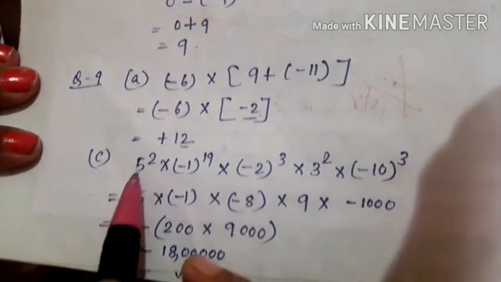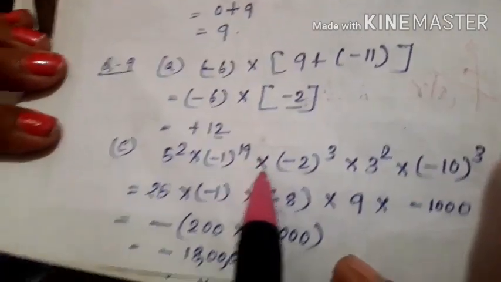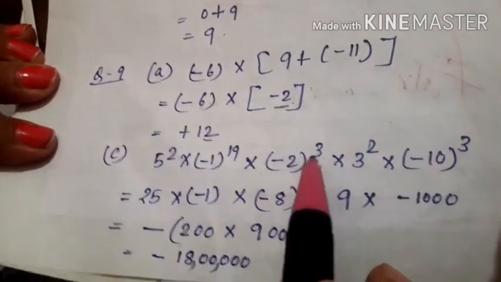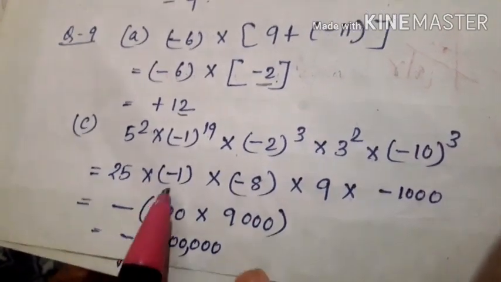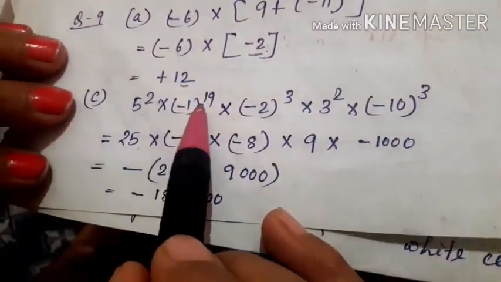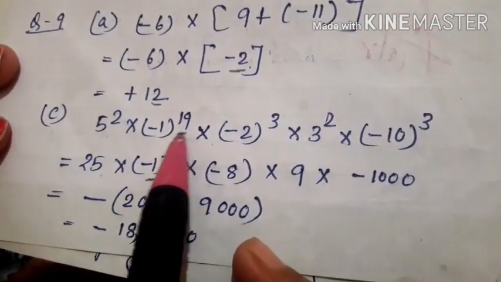Then C has given 5 to the power 2 into -1 to the power 19 into -2 to the power 3 into 3 square into -10 to the power 3, which is equal to 5 into 5, 25. -1 to the power 19 means its value is -1 because its power is 19.